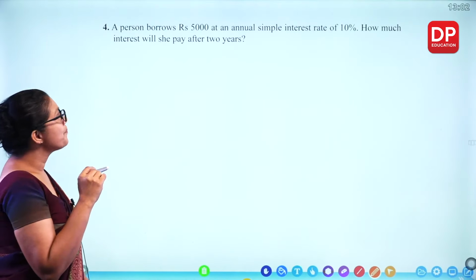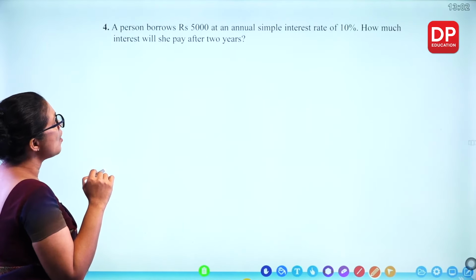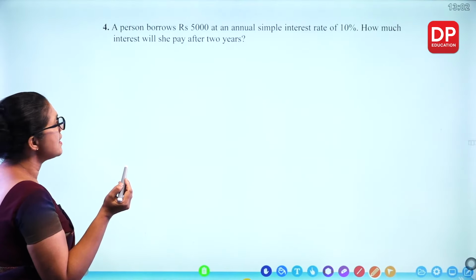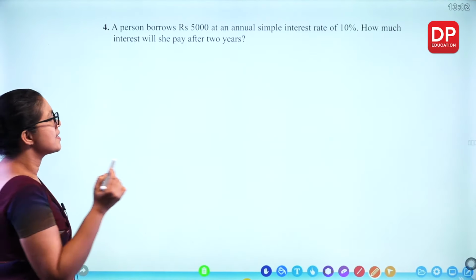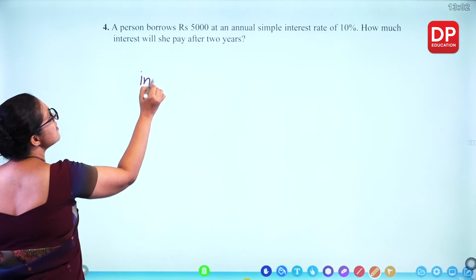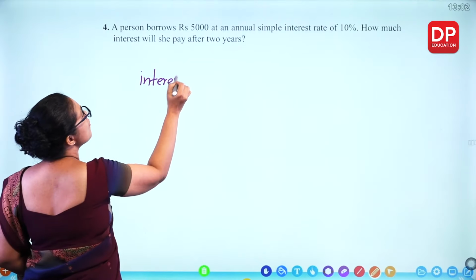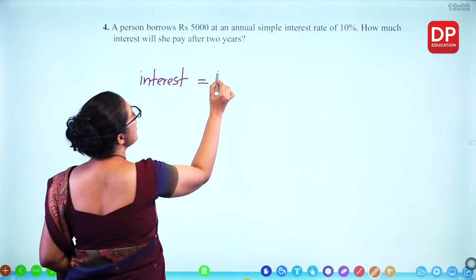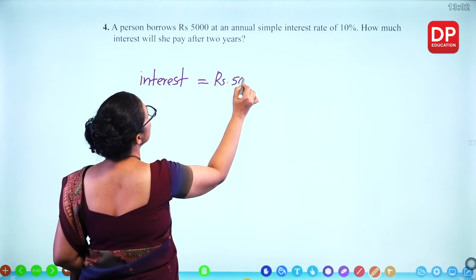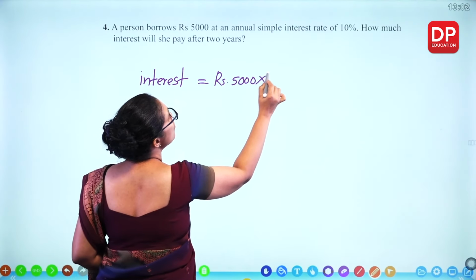Question number 4. A person borrows 5,000 at an annual simple interest rate of 10%. How much interest will she pay after 2 years? Now, this is always for the initial value. So, interest is equal to the initial value into 10%.